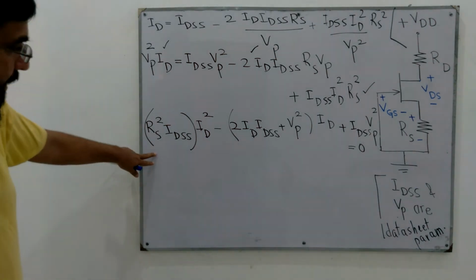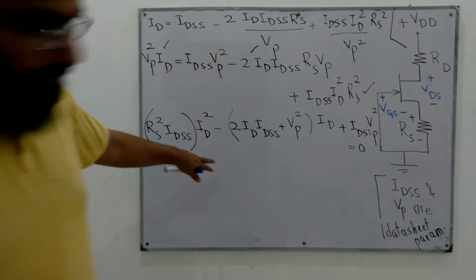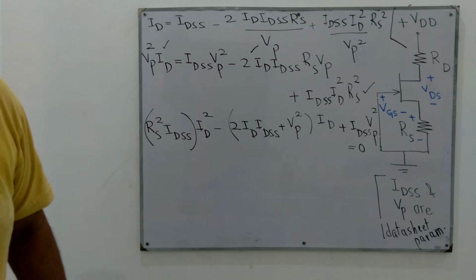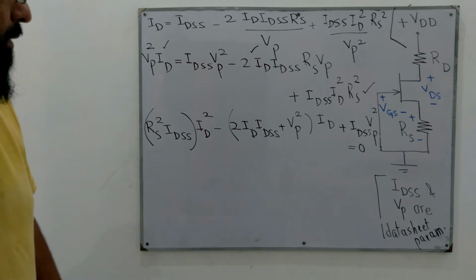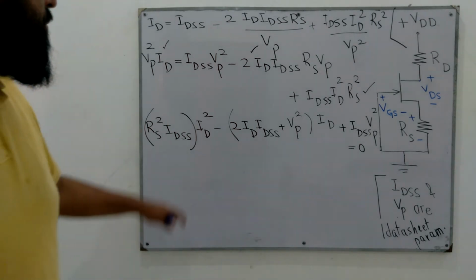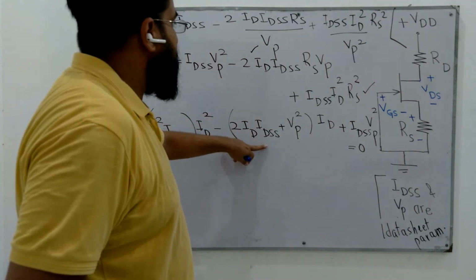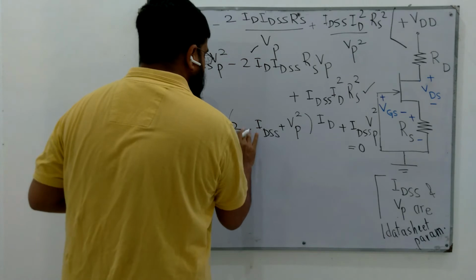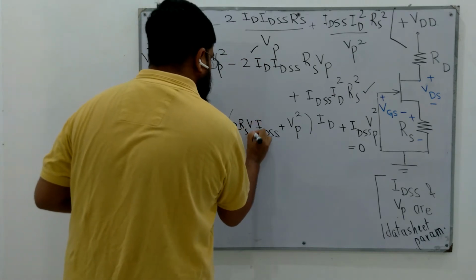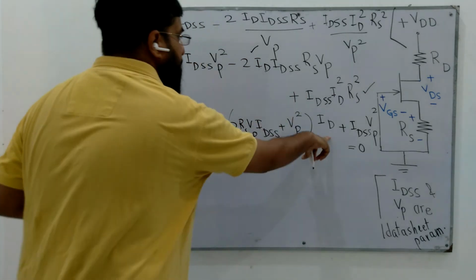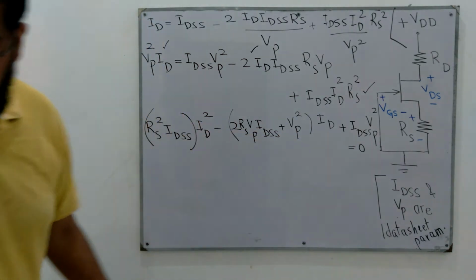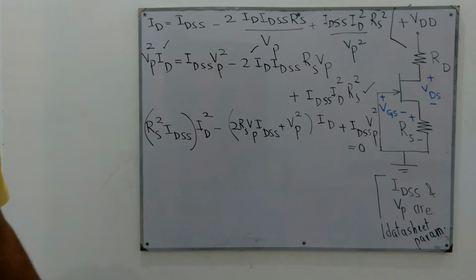The same answer: RS squared IDSS ID squared minus, ID is taken as common here, 2 IDSS RS VP plus VP squared, times ID, plus IDSS VP squared.